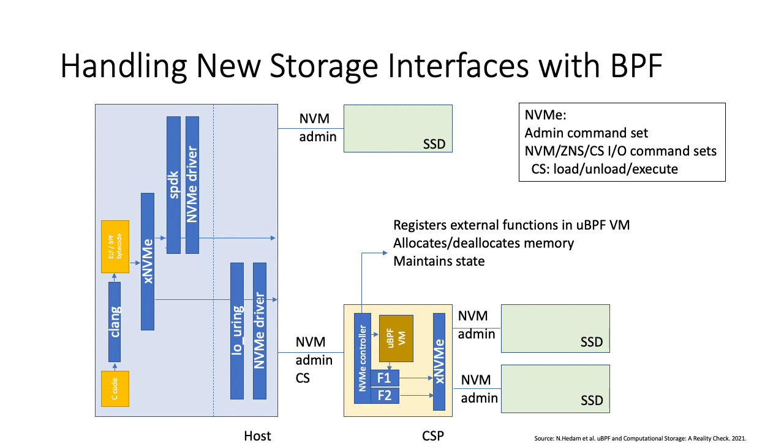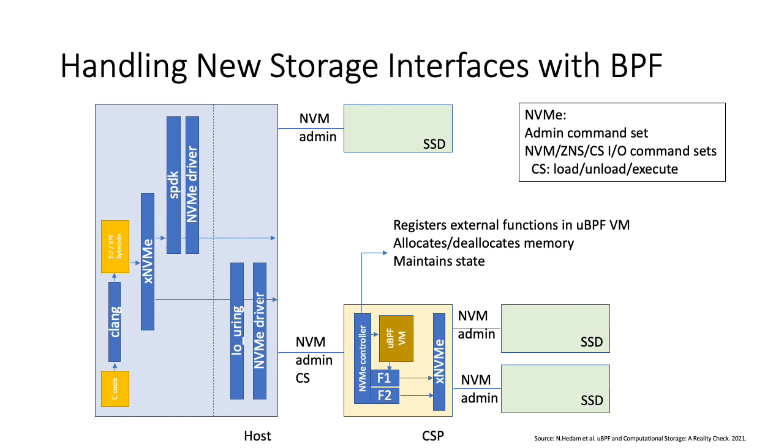So we have functions F1, F2, which access storage. And these functions could expose new interfaces. So F1, F2 could be a new interface exposed by the computational storage processor to the host. And basically the host can offload a BPF code, which is basically a call to one of the functions or some pre-processing, some orchestration of those two functions F1 and F2.